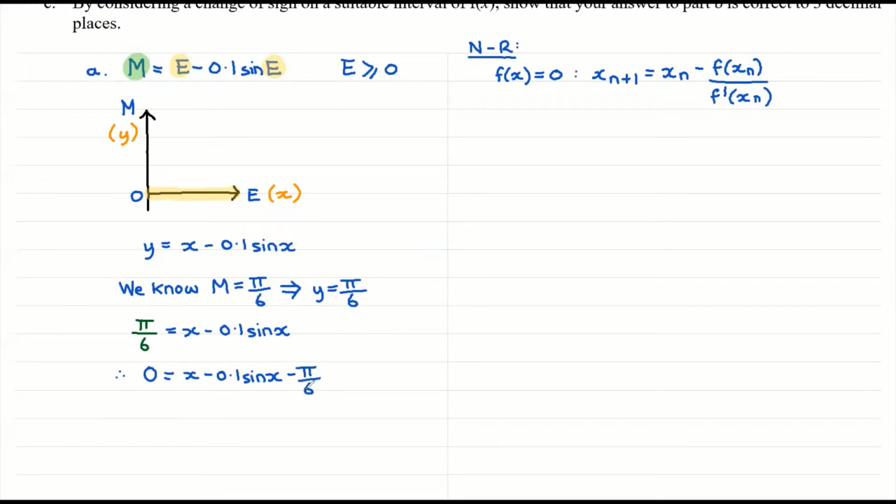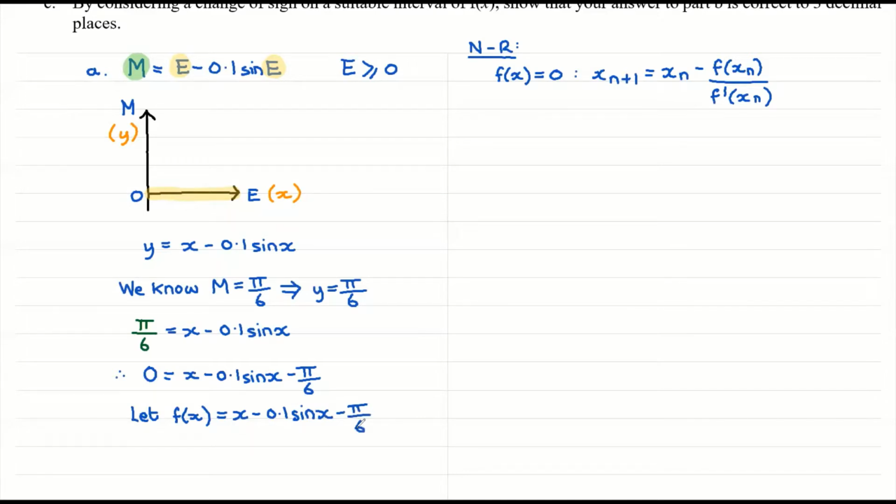All right, so that's what that constant k is all about. So we've now got an equation equal to 0. So therefore, we can now say let f of x equal the whole of the right-hand side. So x subtract 0.1 sine x subtract pi over 6.